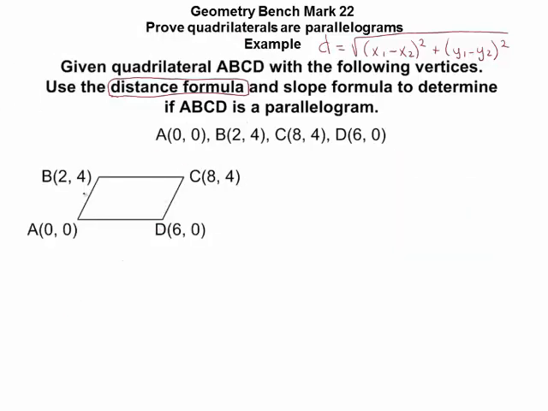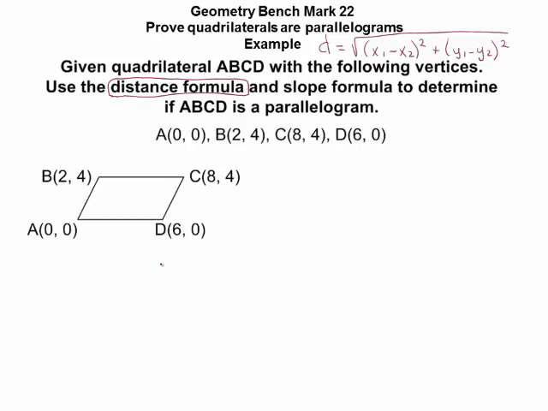We need to make sure that this line is parallel to this line, or that this line is parallel to this line, and they're the same length. I don't have to do all four. I have to do one pair, but I have to show they're the same length and that they're parallel, so they have the same slope.